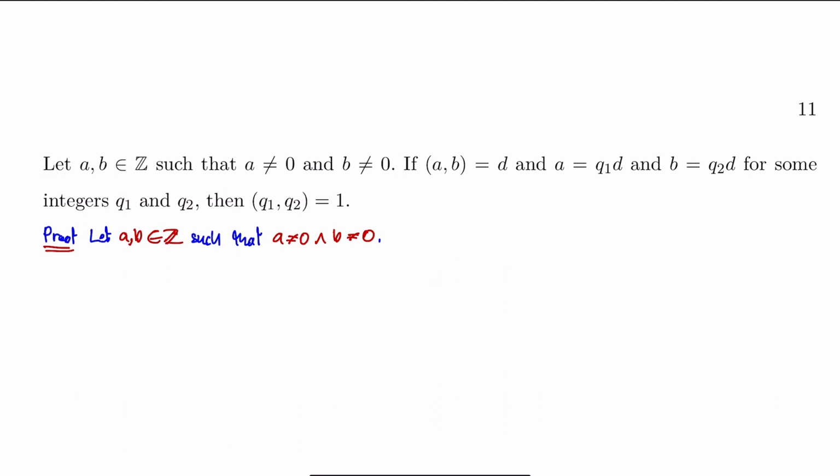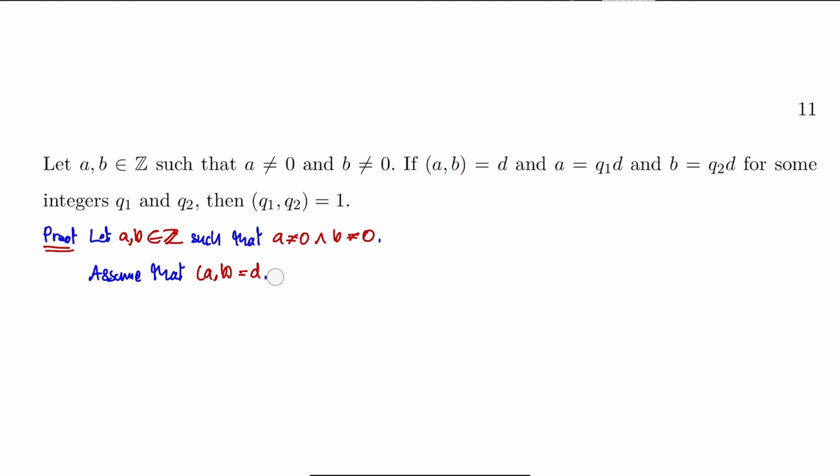And we will assume that the greatest common divisor of A and B is D. When D is the greatest common divisor, that means that D divides A and D divides B.